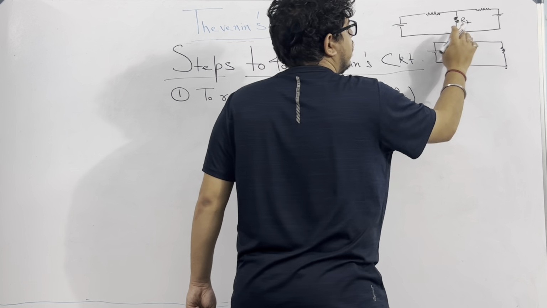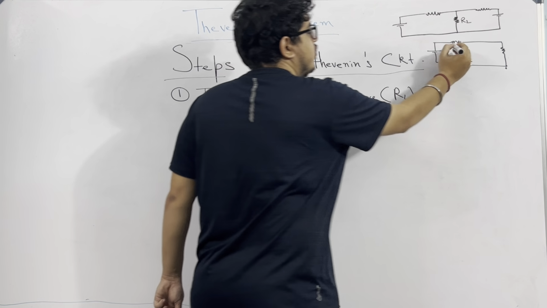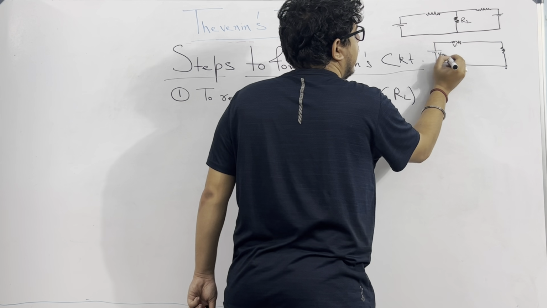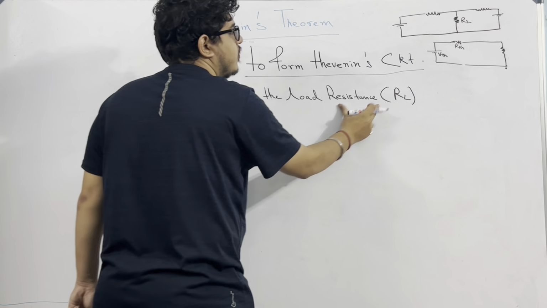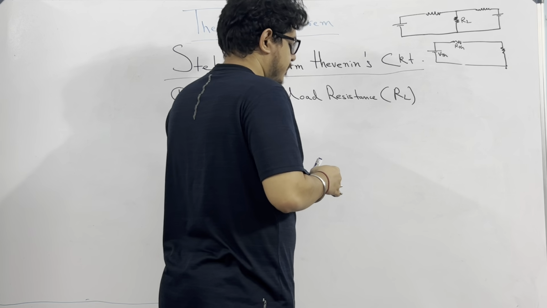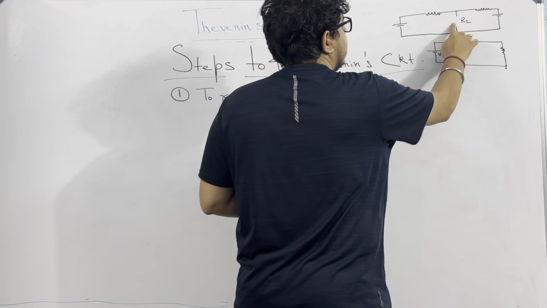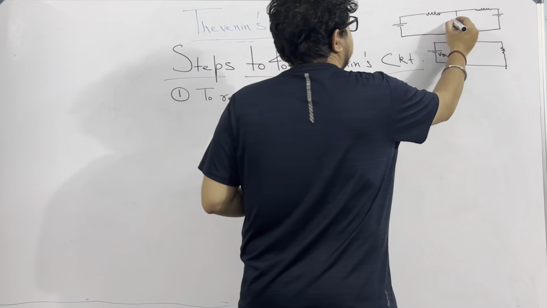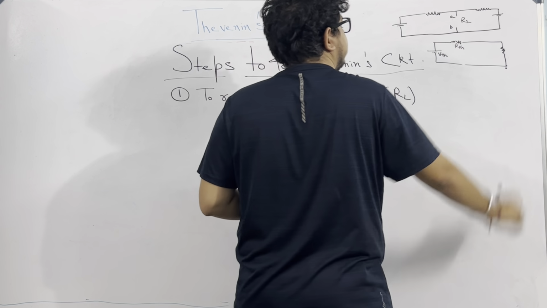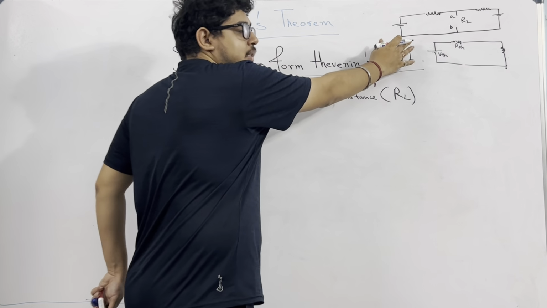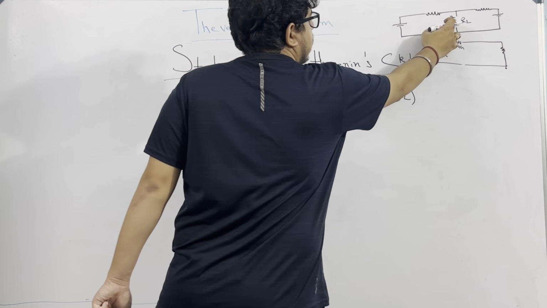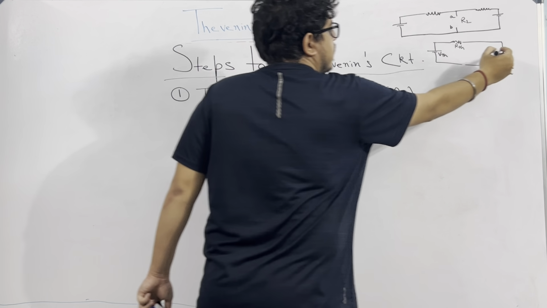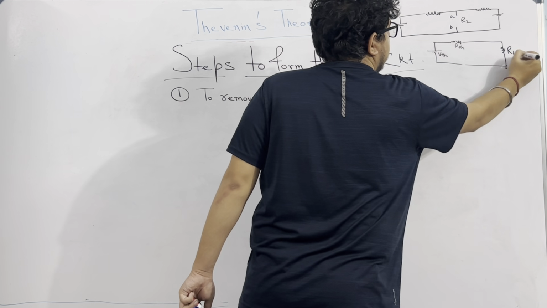So I have to get the VTH value and the RTH value. The first step is to remove the load resistance from the original circuit. That means removing this one. I removed it and named the terminals A and B. So I have removed the RL from the original circuit.